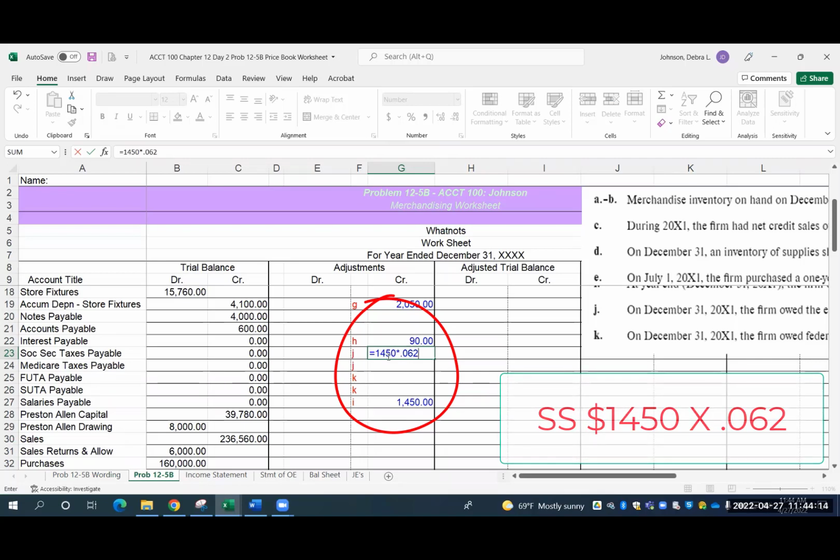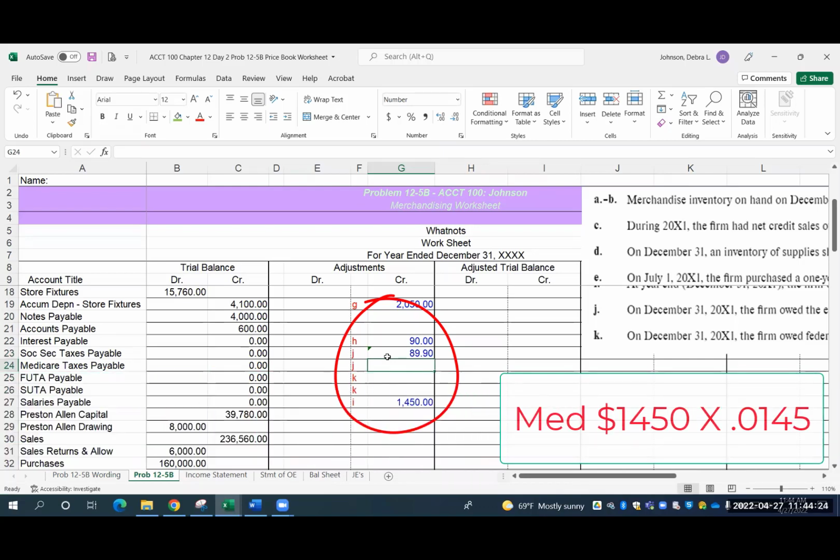I'll do it in a second, but I would really love it if someone would, since I don't have a tutor in the room, do it and make sure that I didn't put anything in wrong. I got 89.90. Okay, thank you.